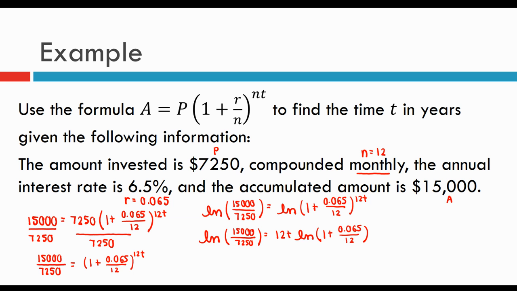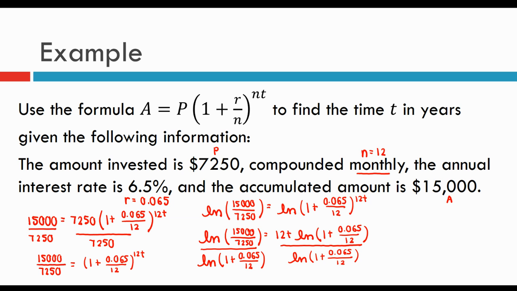All right, so now I want to solve for t. So I think I'm going to do this first. I'm going to divide both sides by the natural log of this 1 plus 0.065 divided by 12. And then we are going to very carefully type that into our calculator. So once again, make sure that you are very careful not to lose parentheses.